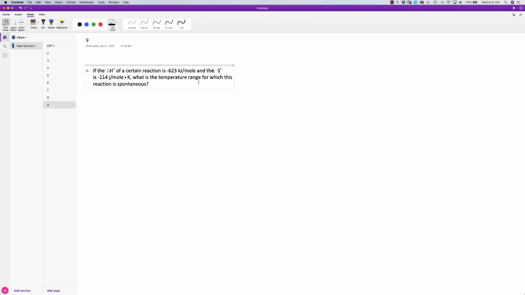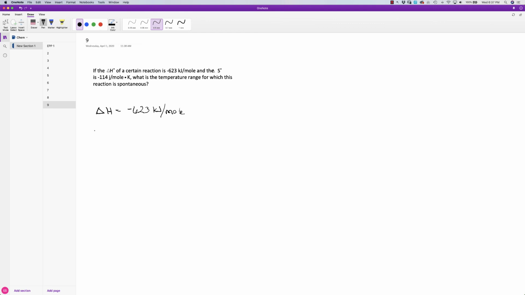This is similar to what we did before. We've got our values. Let's write those down first. They give us the enthalpy change, which is negative 623 kilojoules per mole.